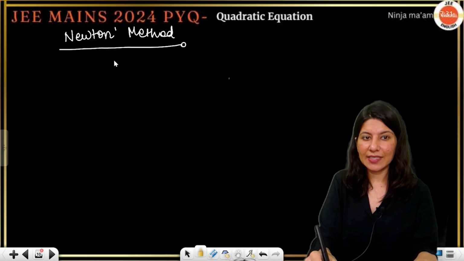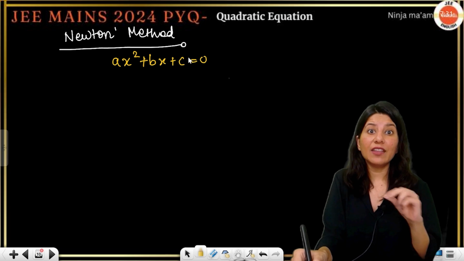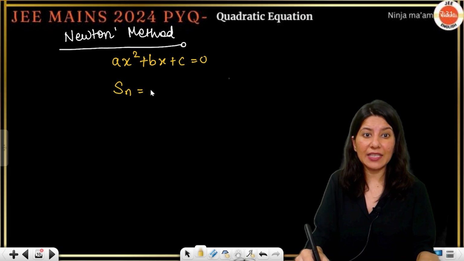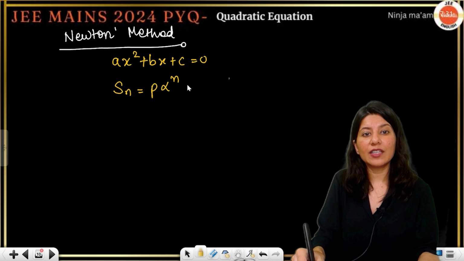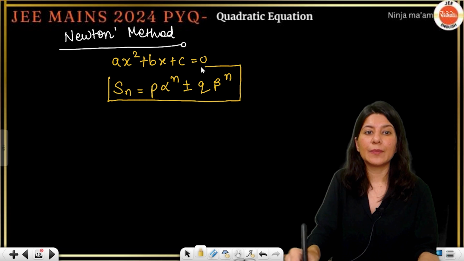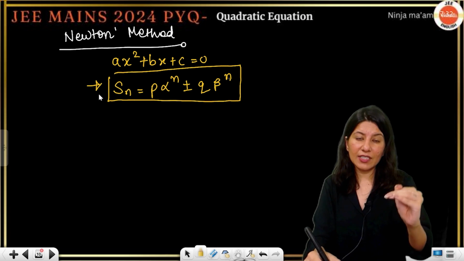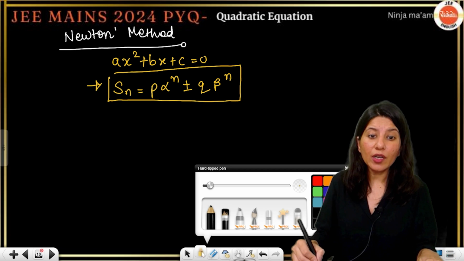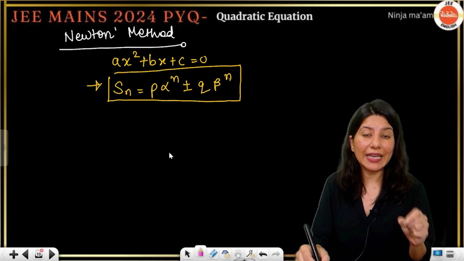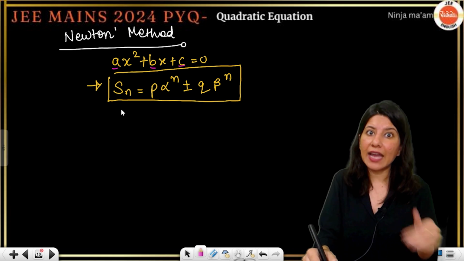So Newton's method says that if you have a quadratic equation ax square plus bx plus c, and if you have an expression of the type Sn equals p alpha raised to power n plus minus q beta raised to power n, this is a generalized version, this is your Sn, then with the help of the quadratic equation, you can write a relation between A, B and C and your Sn also.